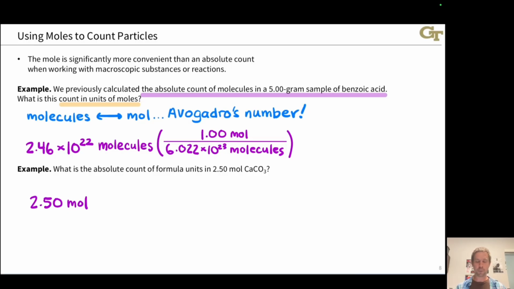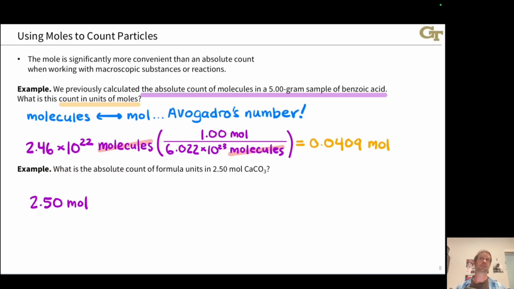In 1 mole of benzoic acid, there are this many molecules, and we can see that the molecules units will divide out here, and we're left with 0.0409 moles, a much more human-friendly value, right? This is about 1 over 25. I can get a sense of this, get a feel for this in human-friendly terms. It's a much more human-friendly value than this unfathomably big number.